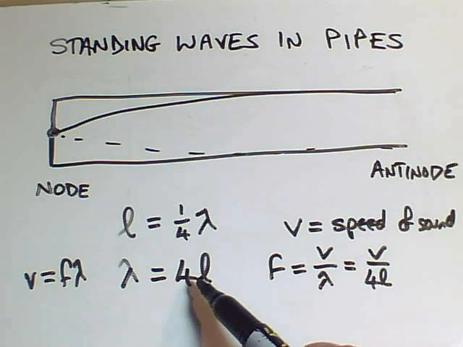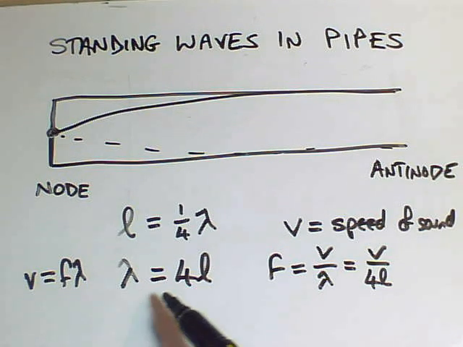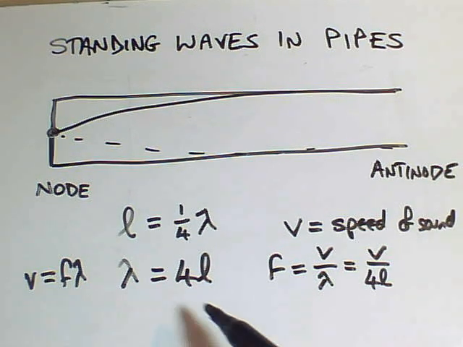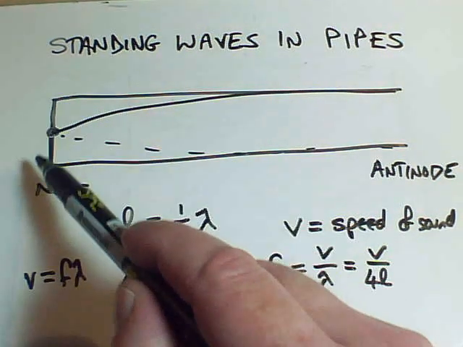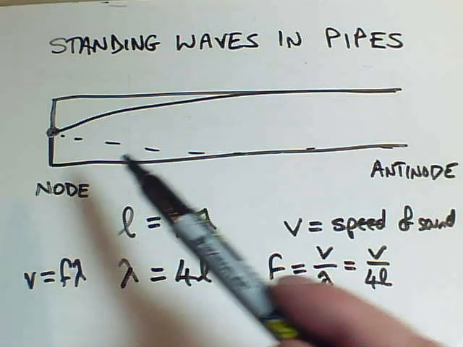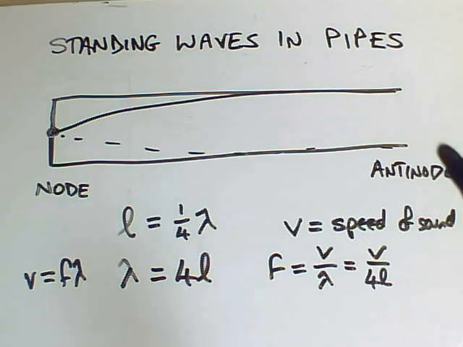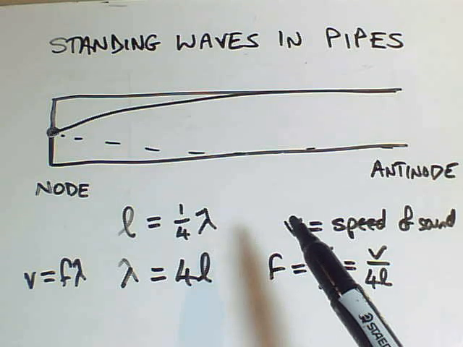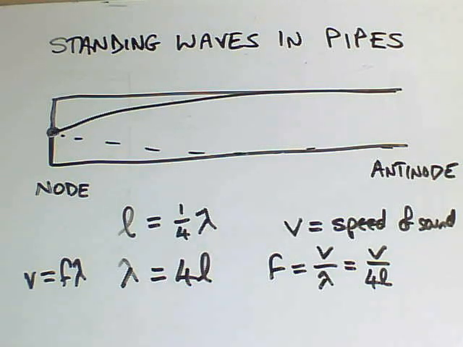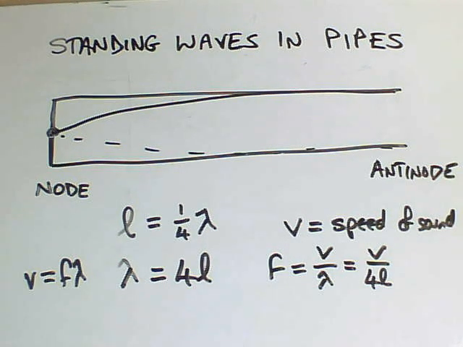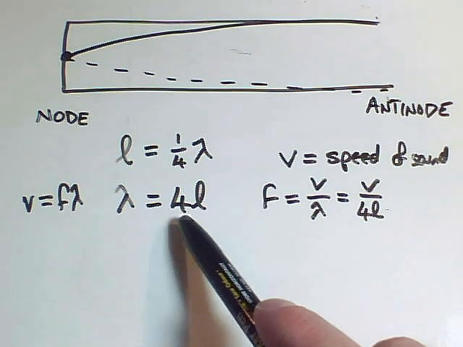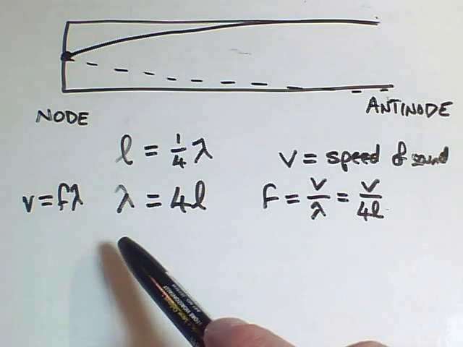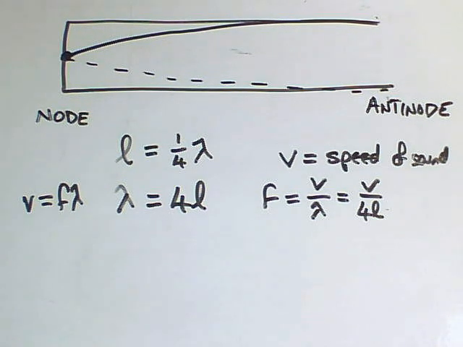Now I've got 4 times the length of the pipe as my wavelength, so the wavelength is twice as big, which means my frequency is half as big. That's why a pipe that's closed off at one end, when you set up its fundamental frequency, is an octave lower than the pipe that's open at both ends. We've explained that: lambda is 4 times the length of the pipe instead of a wavelength that's only twice the length of the pipe, giving a lower note.